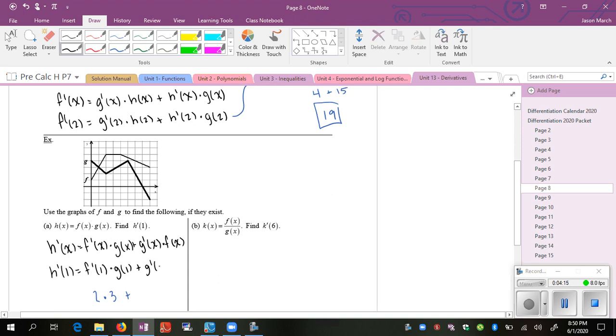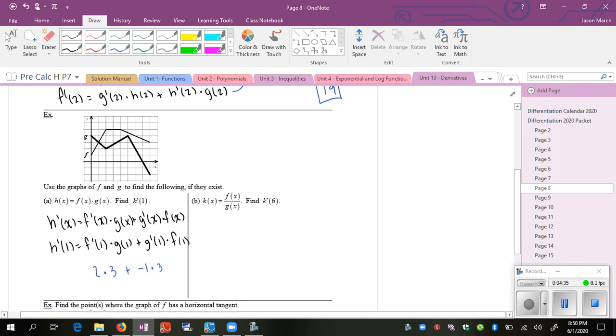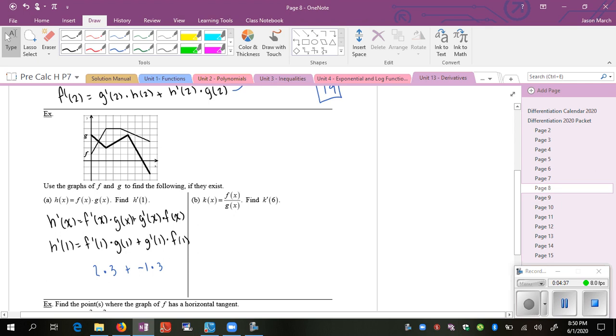G prime of 1 is now the slope of the thick graph there, and the slope of the thick graph is negative 1, times f of 1, and f of 1 is the y value, which is also 3. So I'm just going to go ahead and jump into the math there. So that's 2 times 3, which is 6, plus negative 3. So we have 6 minus 3, which is 3. That's our final answer for that one.